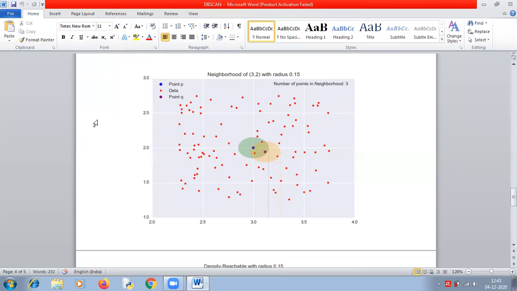Now, while our target point R is not in our starting point P's neighborhood, it is contained in point Q's neighborhood, correct?